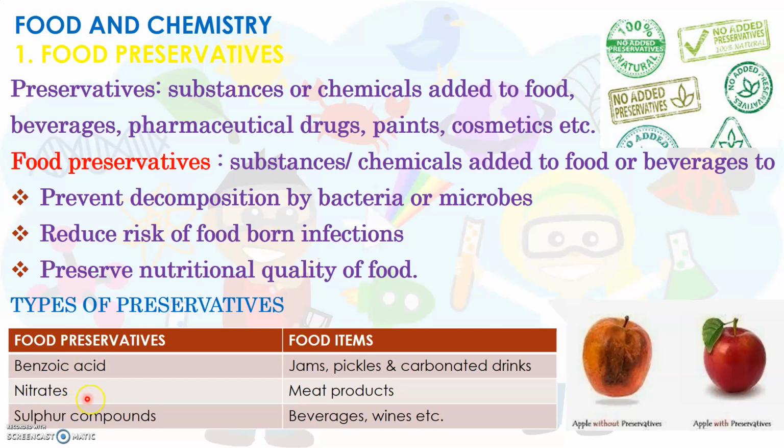Nitrates are preservatives that are used in meat products like bacon, ham, and some cheeses. The next one is sulfur compounds. Sulfur compounds like sulfur dioxide is a widely used food preservative. These are mainly used in beverages, wines, and soft drinks in order to preserve the color of the food.